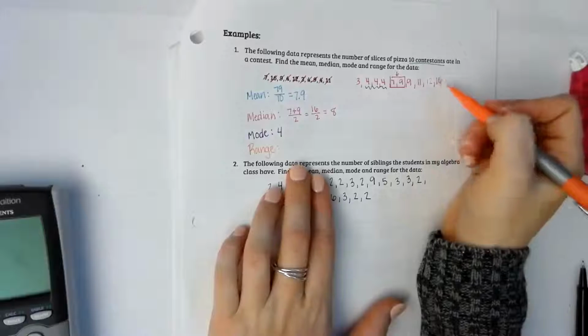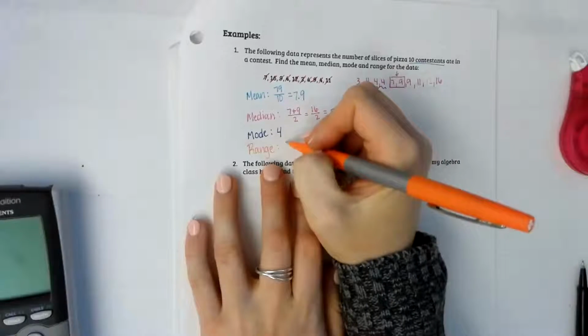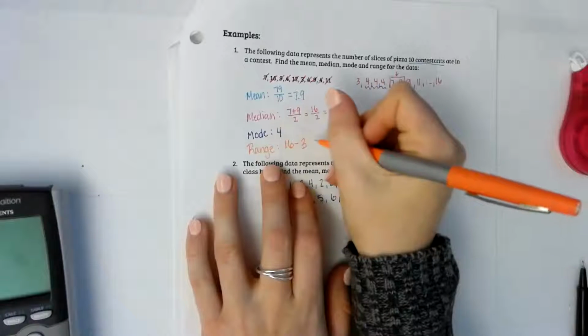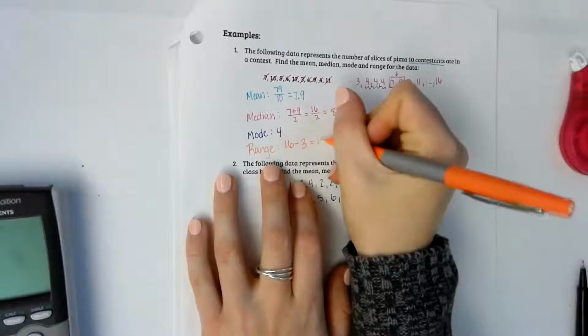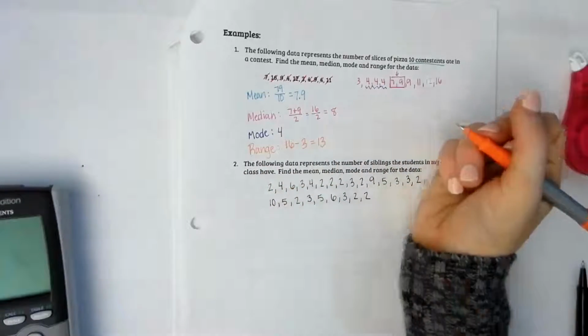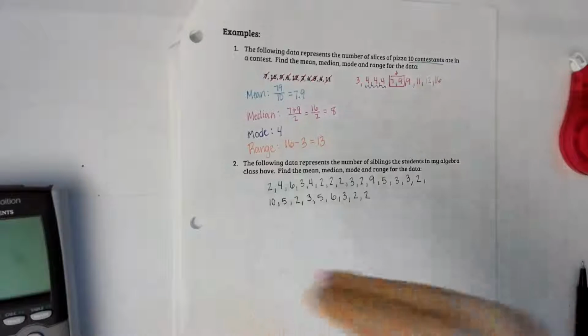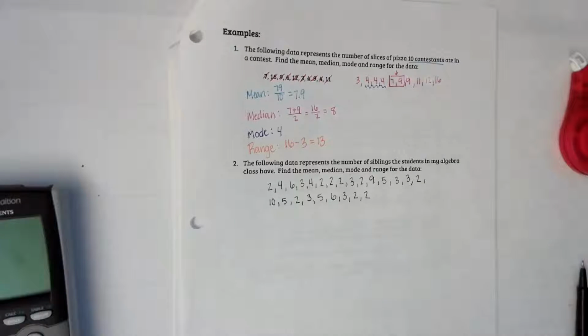So my largest is 16 minus my smallest is 3. So that equals 13. So my range is 13. So go ahead and pause the video and do that for number 2.